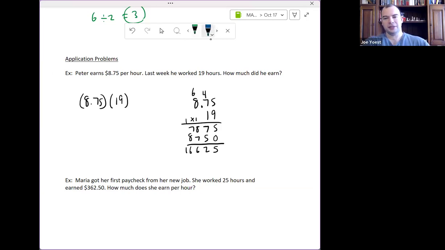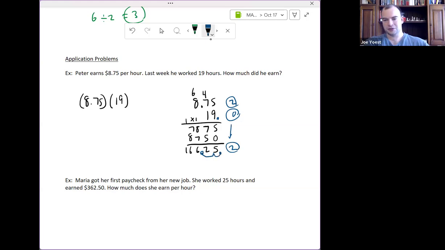Now I note that 8.75 has two decimal places. The number 19, the decimal point is just not written there. It's implicitly right there after the 9. It has 0 decimal places. My answer should have 2 decimal places.